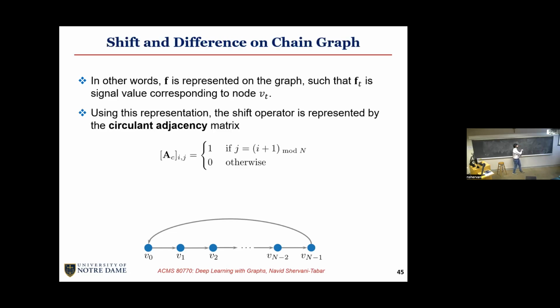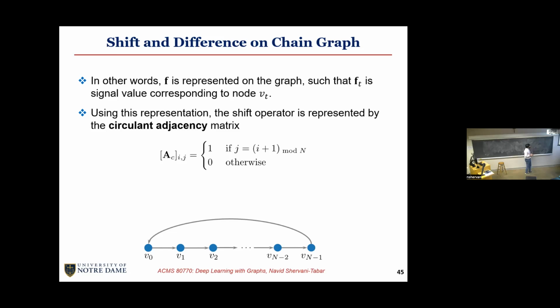So now, after motivating why we want to represent our data on a graph, we want to define shift and essentially difference on this ring graph or chain graph.